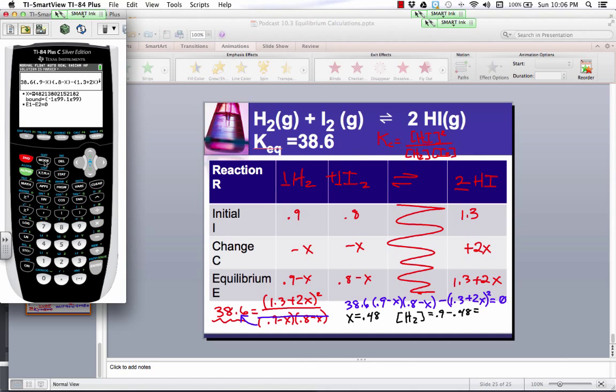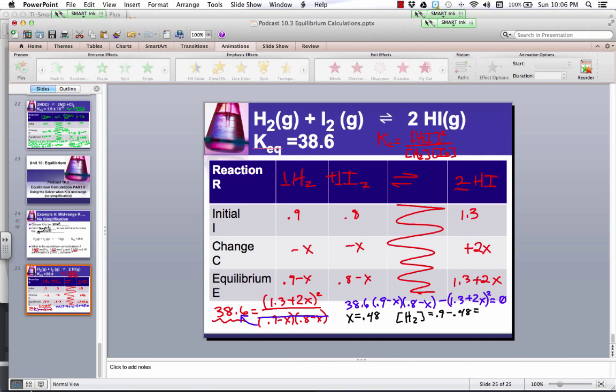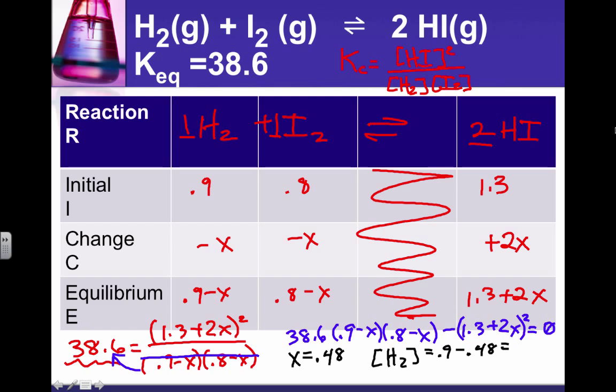So quit out of the solver, and we want to take 0.9 minus my variable x, and then enter. 0.417. We'll call that 0.42 molar.